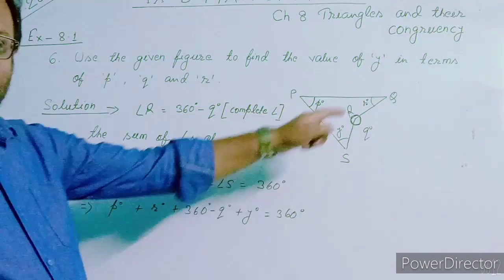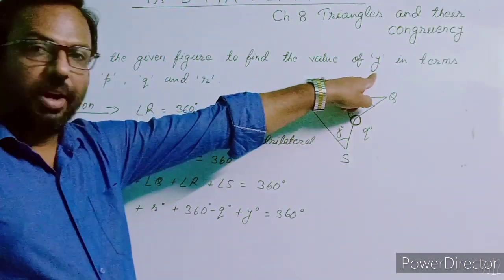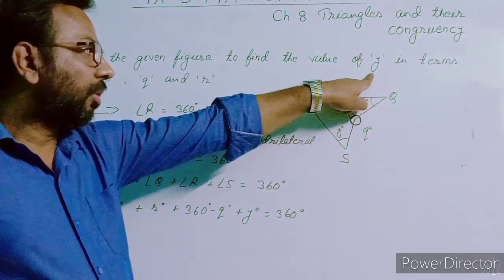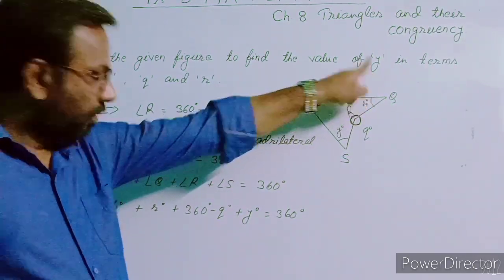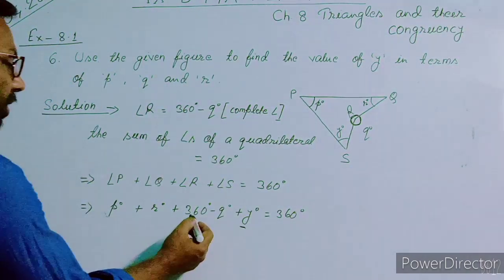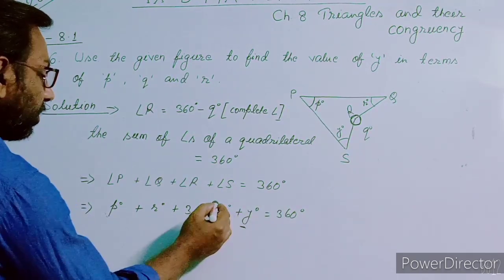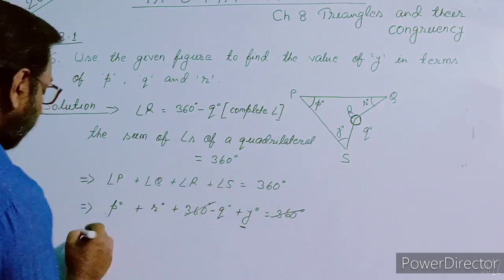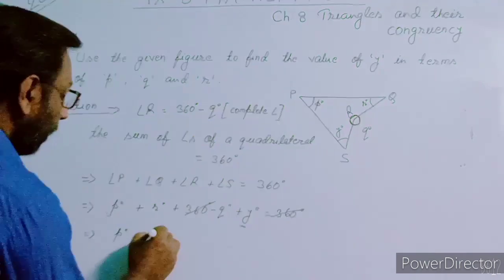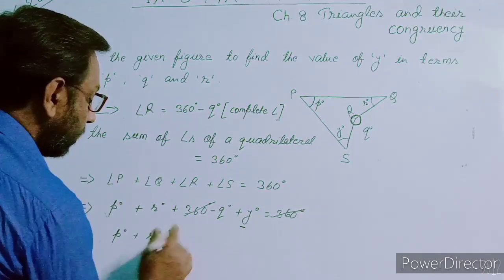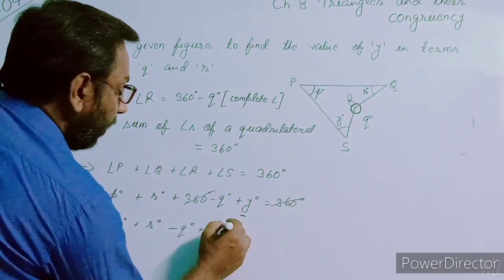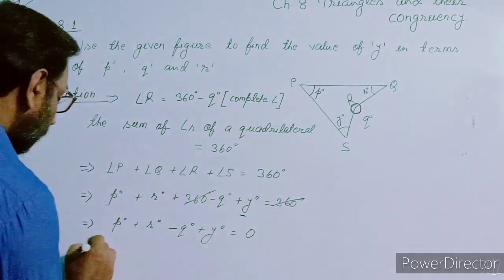In the question we are asked to find out the value of Y. This Y. First of all, what are we saying? 360 is coming on both sides, so we can cancel it. Now we write P degree plus R degree minus Q degree plus Y degree equal to 0.